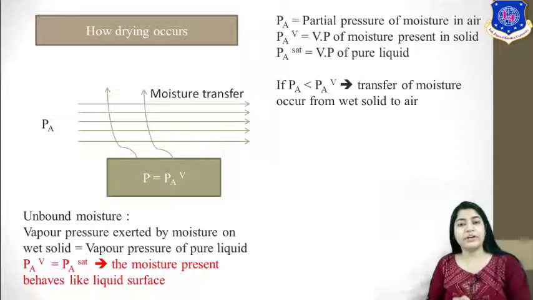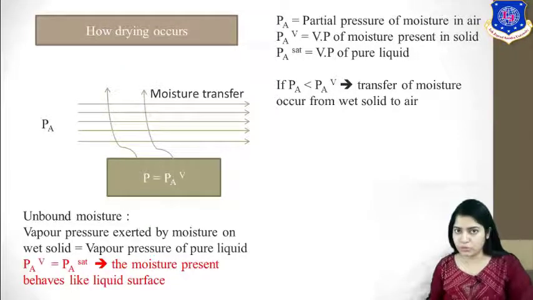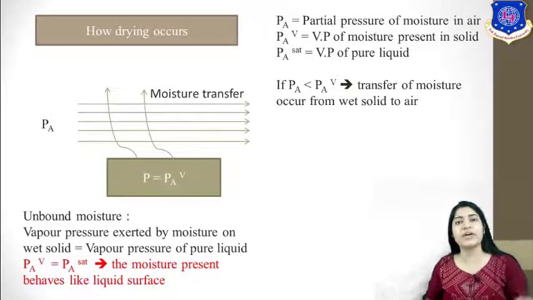Now here an important term is coming. What is unbound moisture? If the vapor pressure which is exerted by moisture on wet solid is equal to the vapor pressure of pure liquid, then that is your unbound moisture. If your solid is heavily wet, a large amount of water is present, take an example of drying clothes.